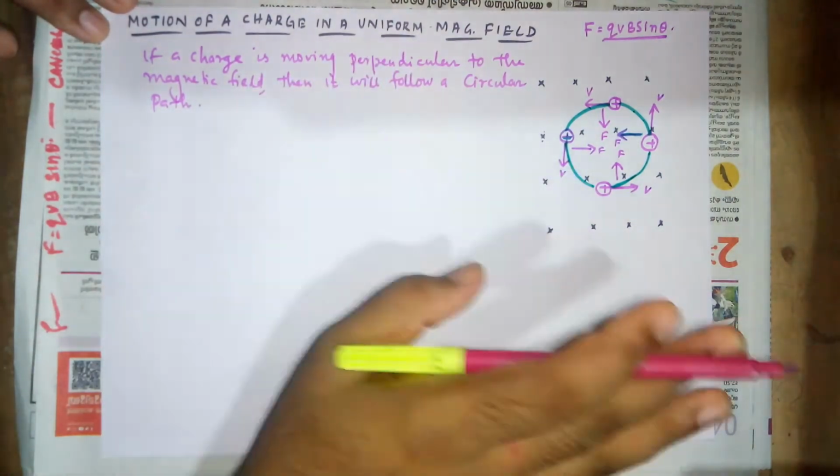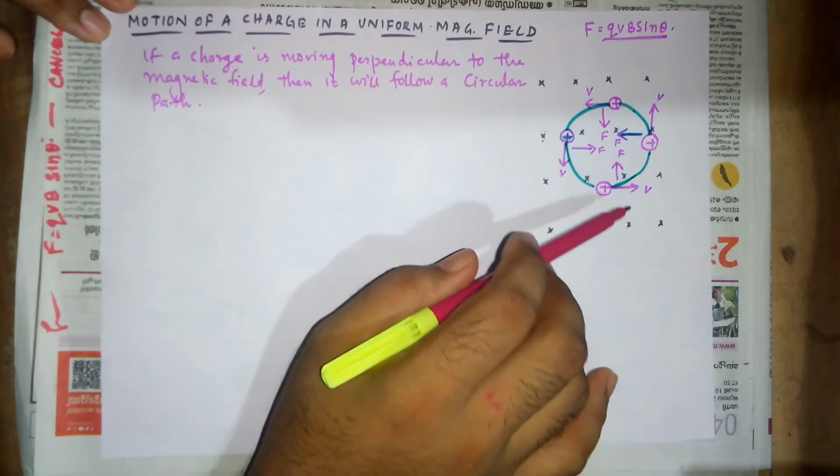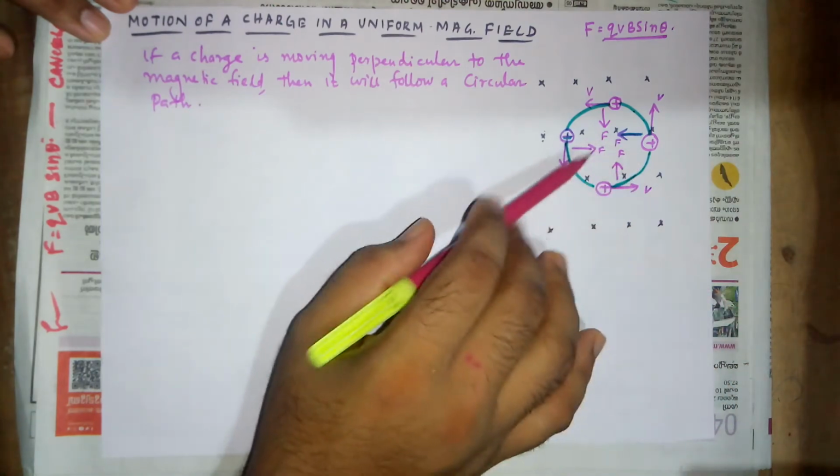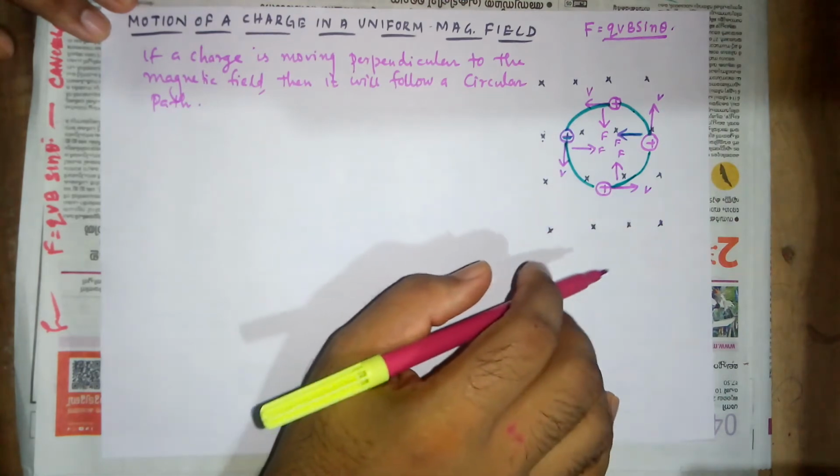That is, in all the cases, whenever a charged particle is moving perpendicular to the magnetic field, it will undergo a circular motion, or a circular path.